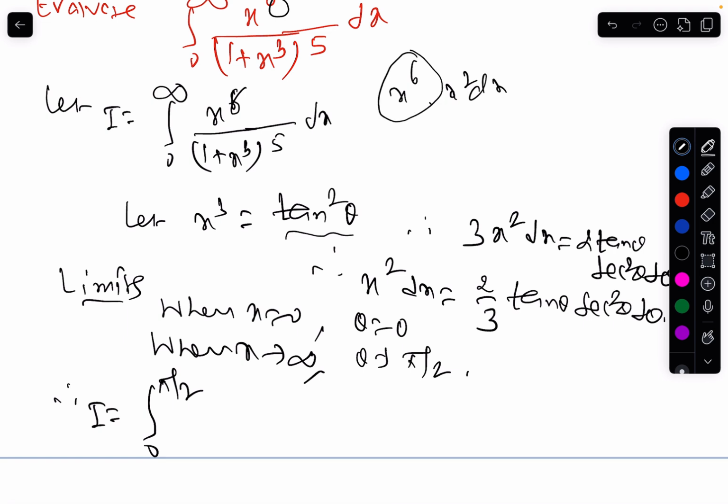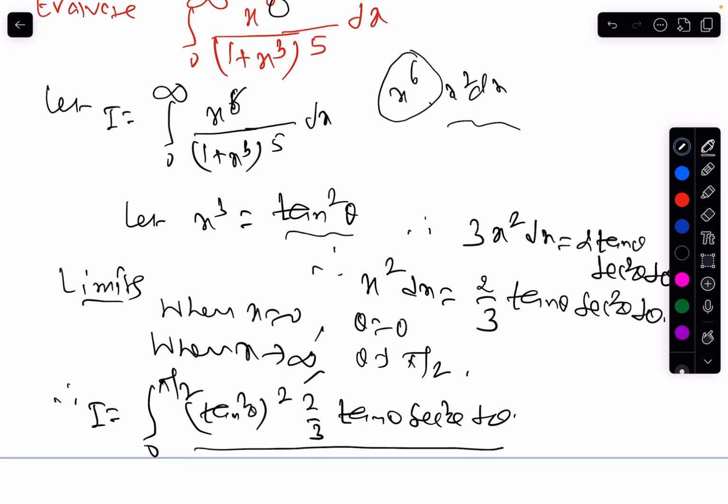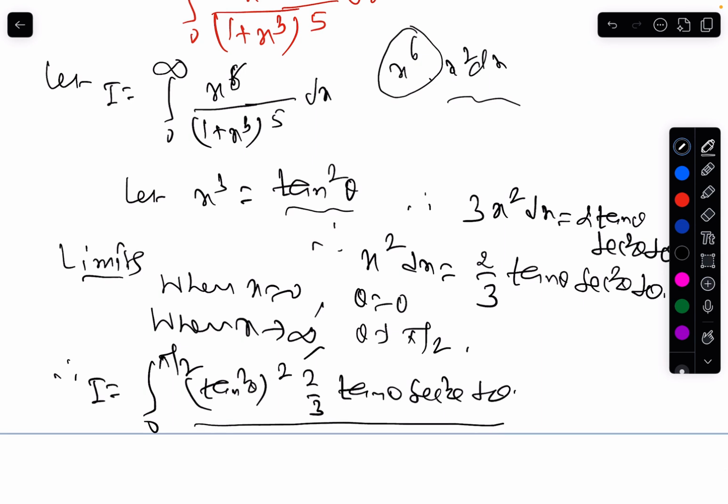So x power 6 is tan square theta power 2, x square dx is 2 by 3 tan theta sec square theta d theta, divide by 1 plus tan square theta. X cube is tan square.